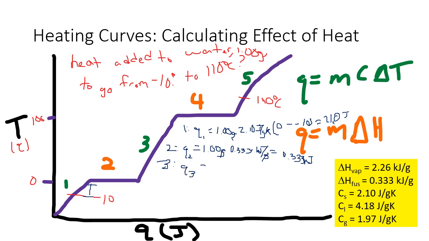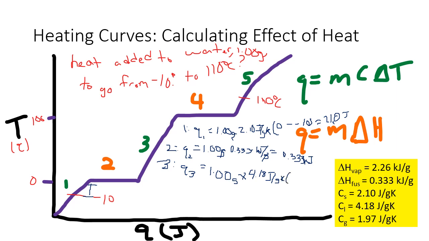We're almost halfway. All right, so this is a Q equals mcΔT again. So we have our 1 gram. And we are multiplying that by, we are now a liquid, so our C is 4.18 joules per gram Kelvin.